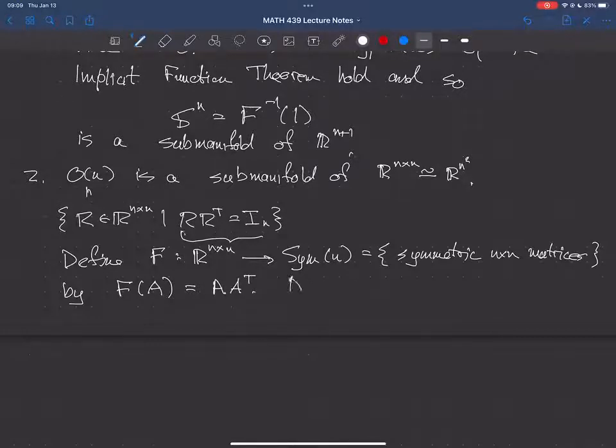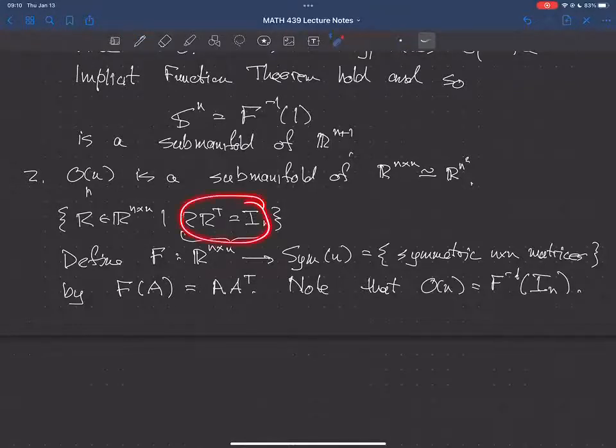And then we note that On is the preimage of the identity matrix under this mapping F. That again is just the definition of On.